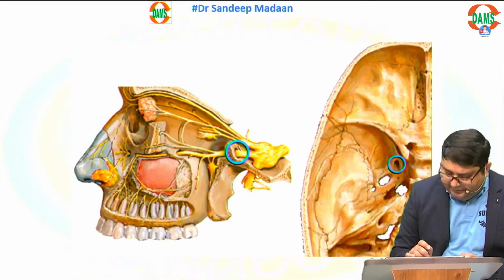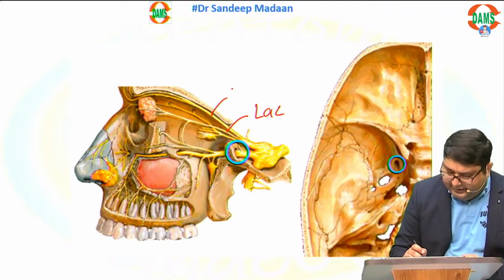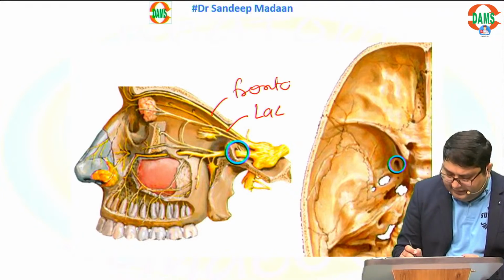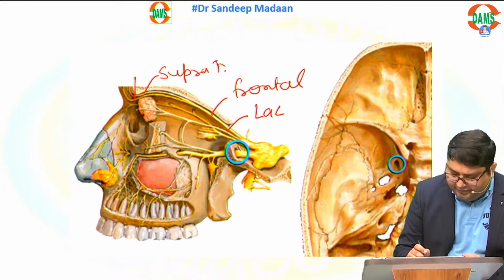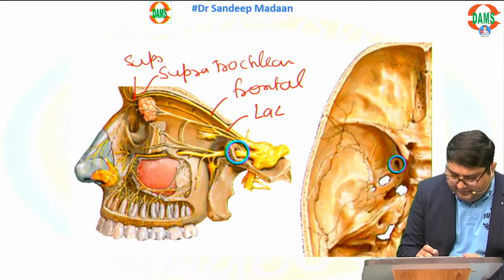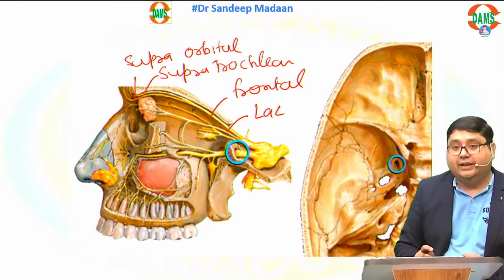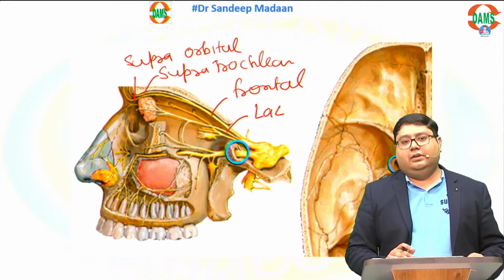So here what we have learned, that this is lacrimal nerve, this is frontal nerve, and here the frontal nerve is dividing into supratrochlear and supraorbital. All right.